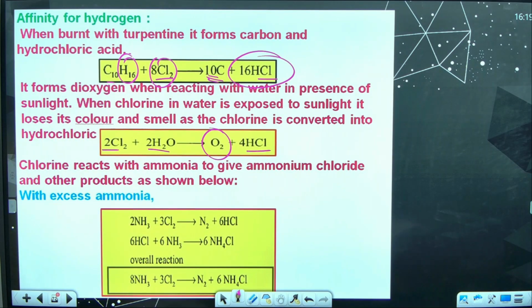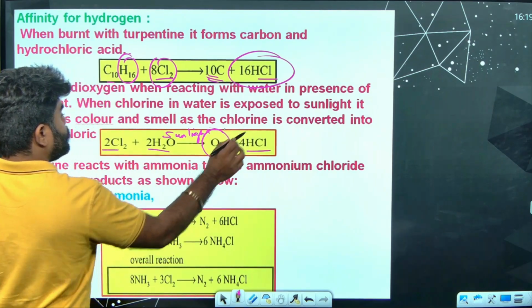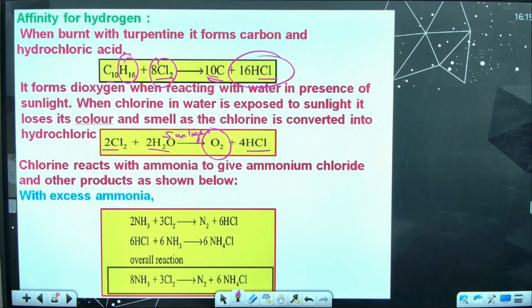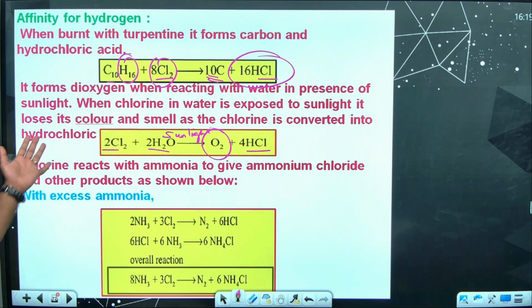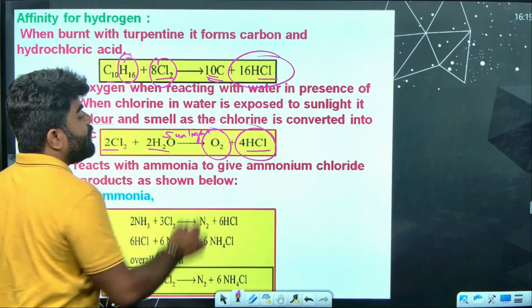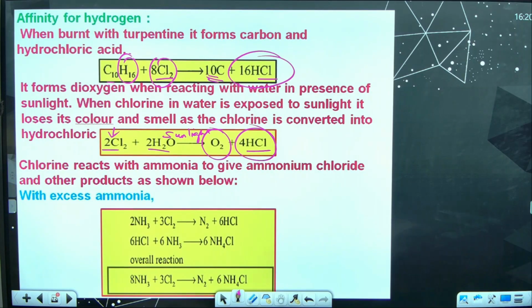This reaction happens in sunlight. So here you see that chlorine will lose its color as well as its smell. That indicates that we have HCl and all the chlorine has been consumed.